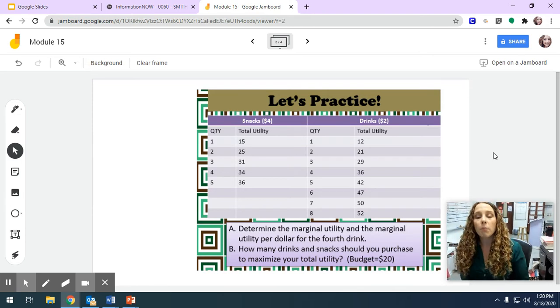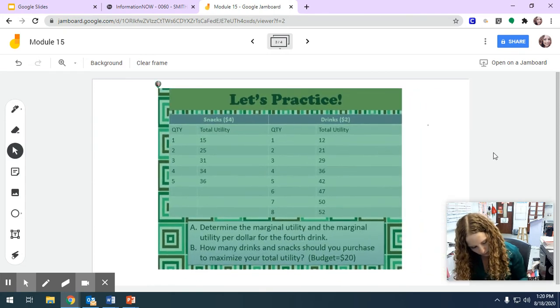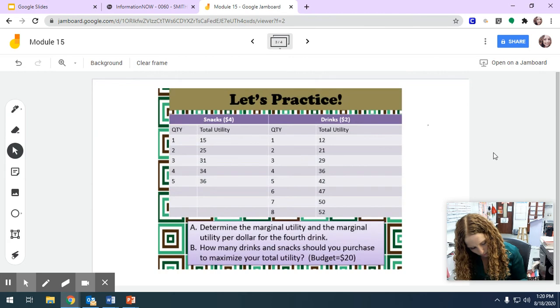So first, let's find marginal utility for each of these different quantities. We're going to have to eventually do that anyway. So I'm going to make myself a little column for marginal utility, so additional utility.